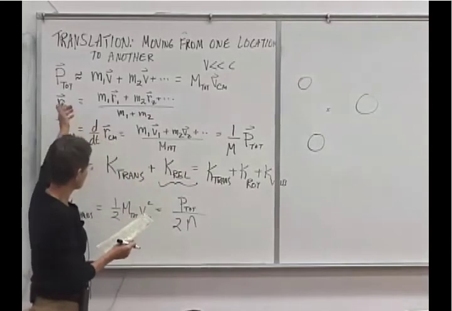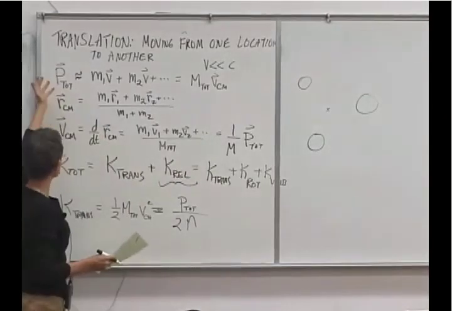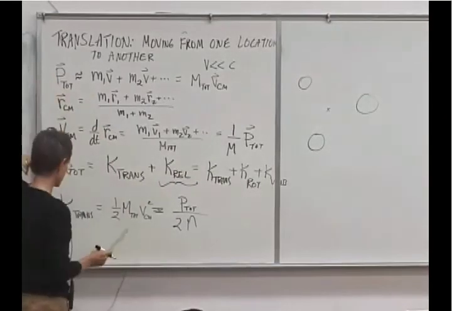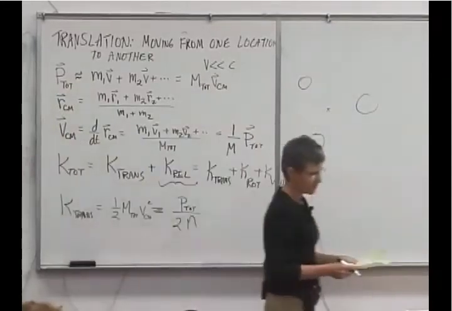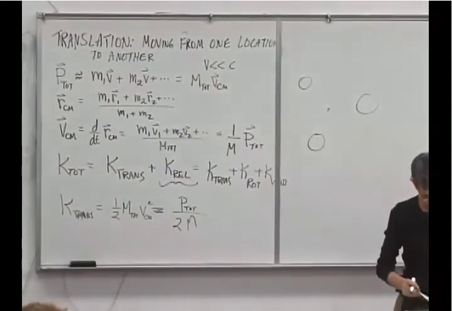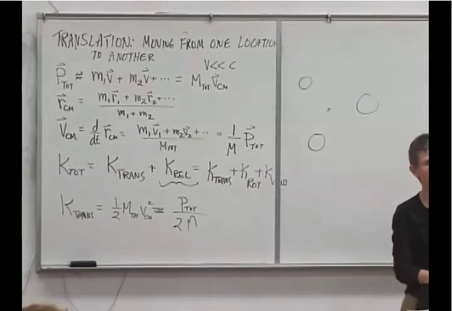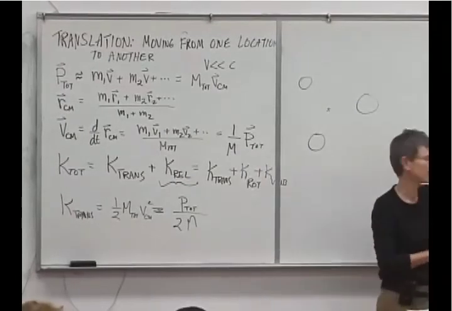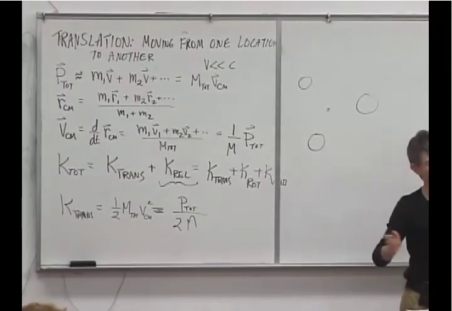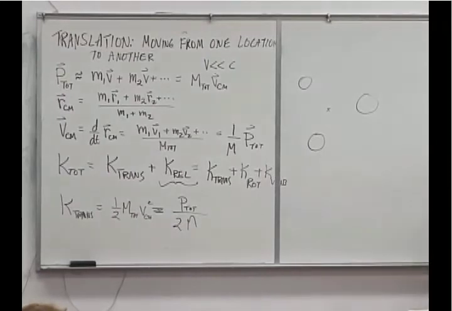Some of these are results, some of them are just definitions. We spent all Friday getting used to this taxonomy and identifying rotational energy and vibrational energy and translational kinetic energy.